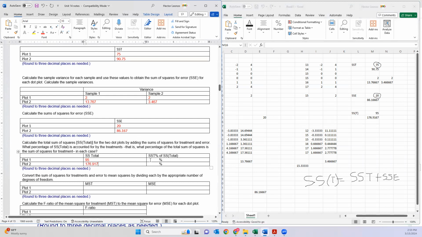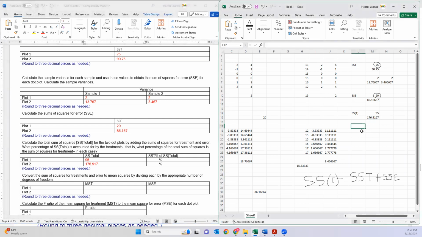Now here it says SST percentage of SS total. Okay, so I know for a percentage, I have to go SST divided by SS total. So for my plot one, what was the SST of plot one? 75. Let me divide this by the SS total.